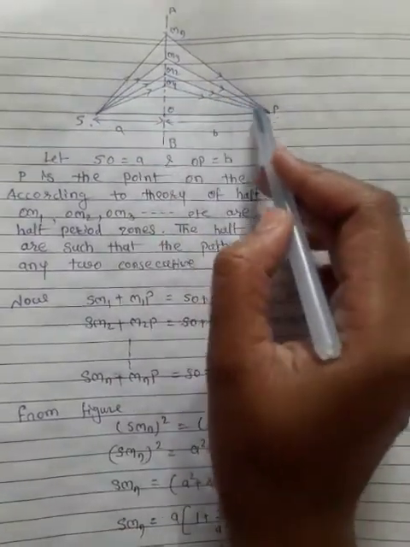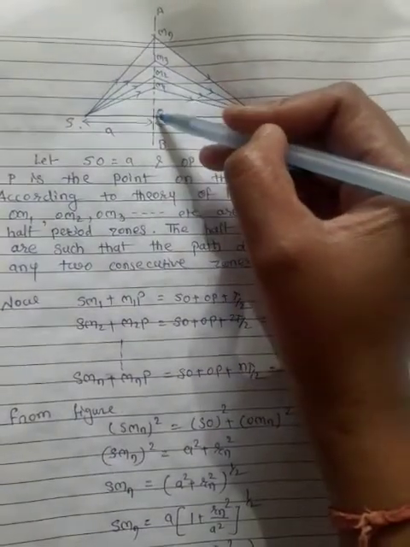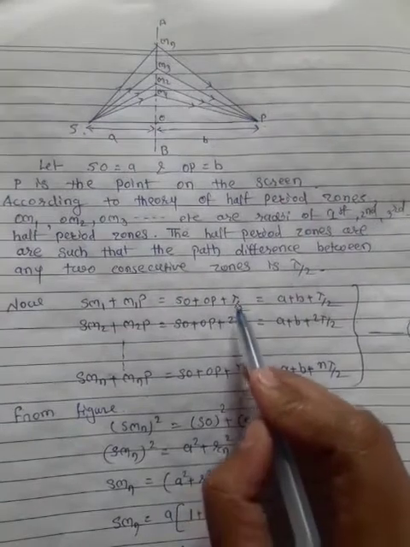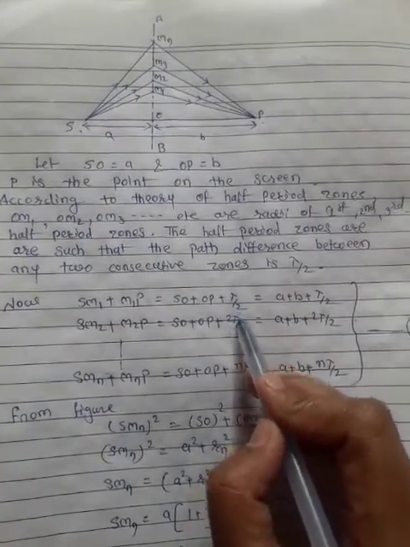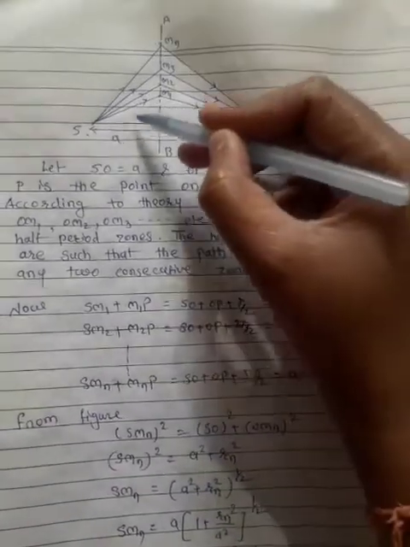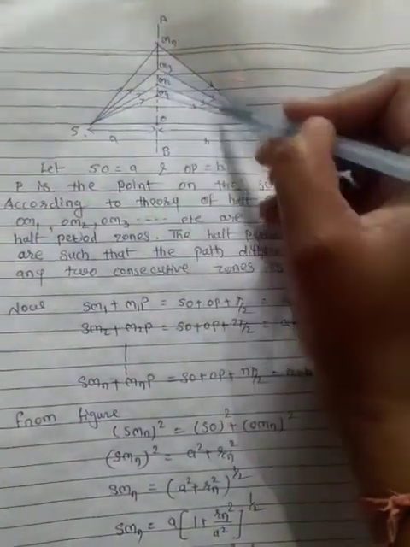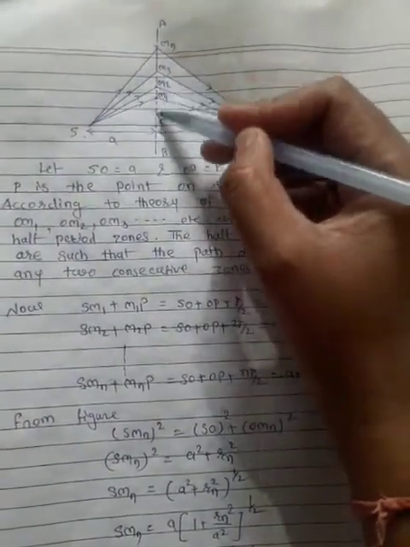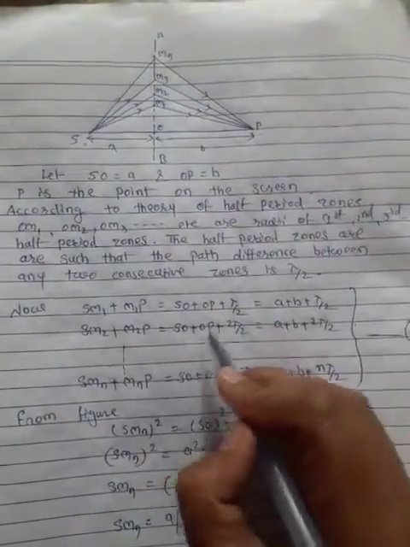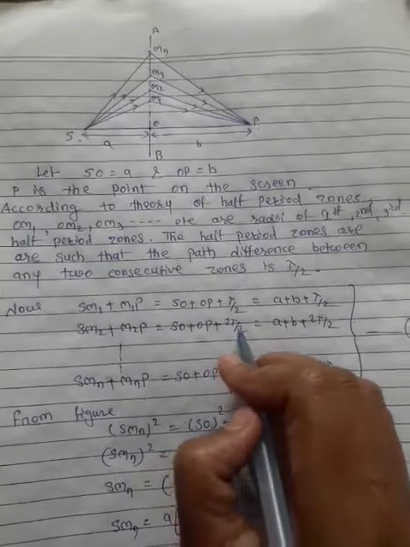Similarly, for SM2 plus M2P, the path difference from O is 2 times lambda by 2, which is written as 2 lambda by 2. Similarly, for the third, 3 times lambda by 2 is added here. Therefore, we take SO plus OP plus 3 lambda by 2.